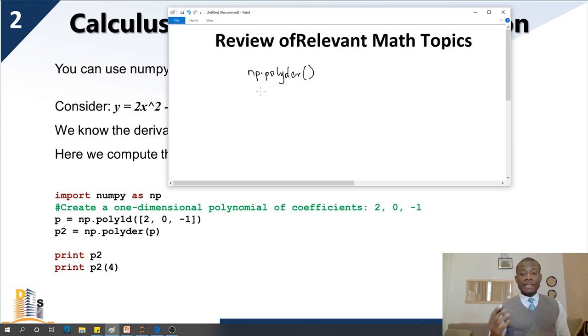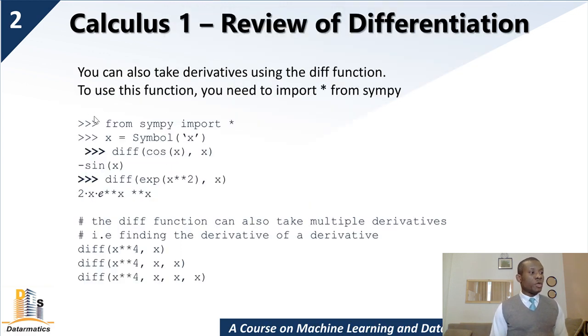So basically this takes the derivative of a function, and you also learned about np.polyint. So this gives a definite integral of a function that is passed into these methods. So today I'm going to teach you about a different one called diff, D-I-F-F.